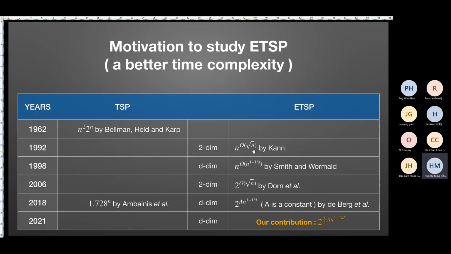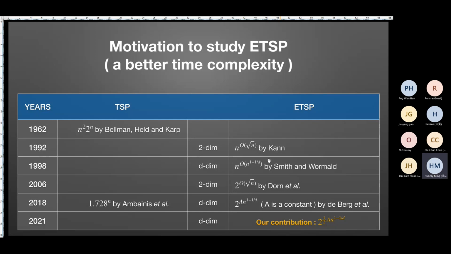And a few years later, Smith extended the idea of Chen and obtained an algorithm to solve the d-dimensional Euclidean traveling salesman problem.